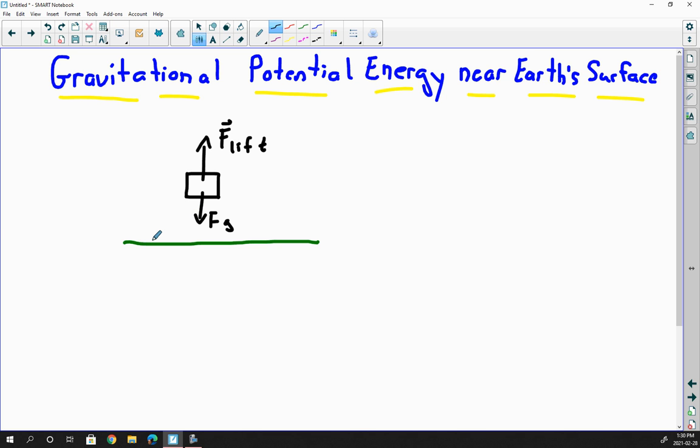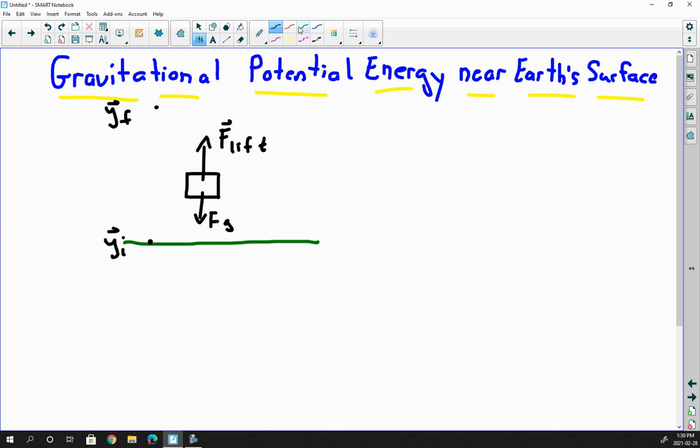So the object would start on the ground, and so that would be its initial position there, and end up there. That would be the final position when someone stops moving it.